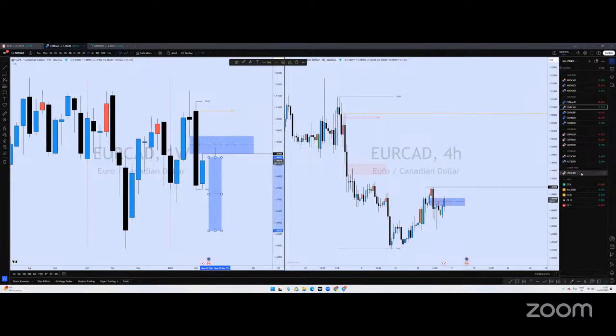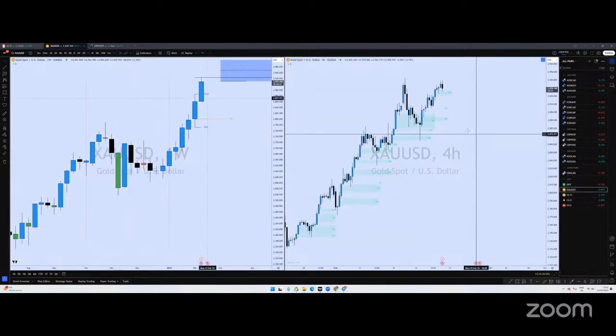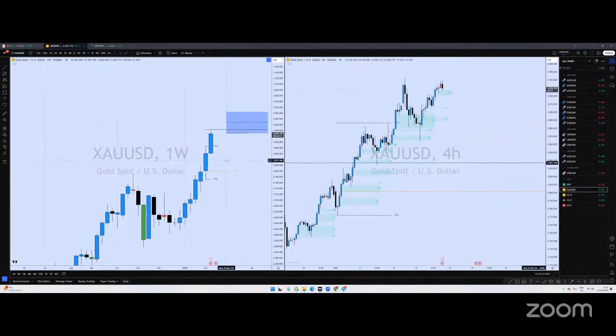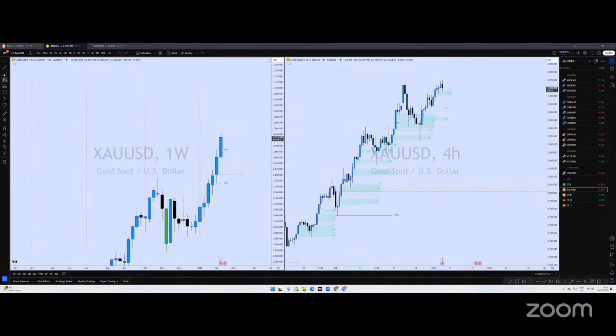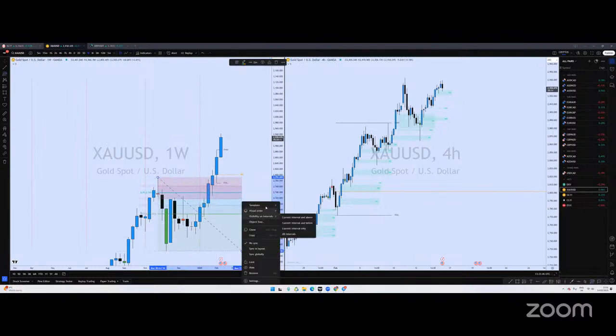Moving on, let's look at gold. So gold, I think we are almost at the levels that I projected. We are almost there.